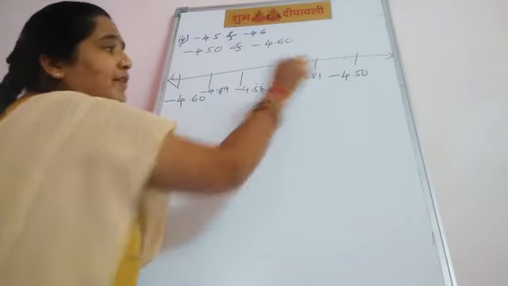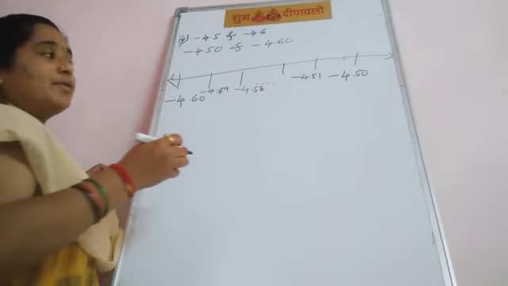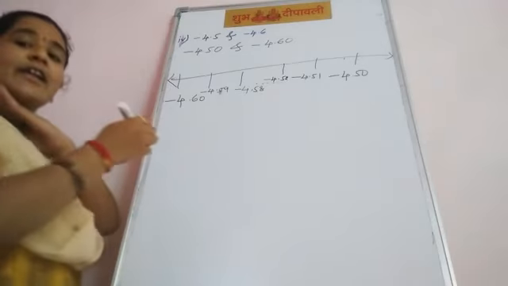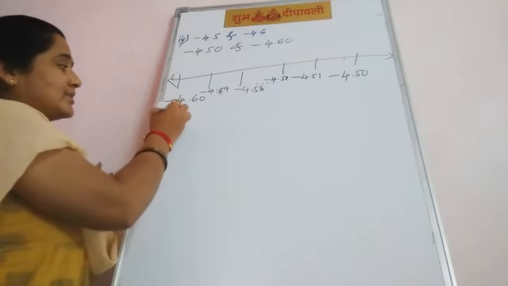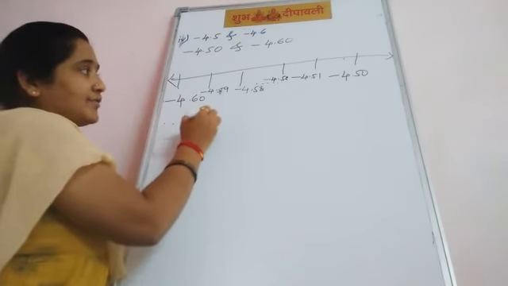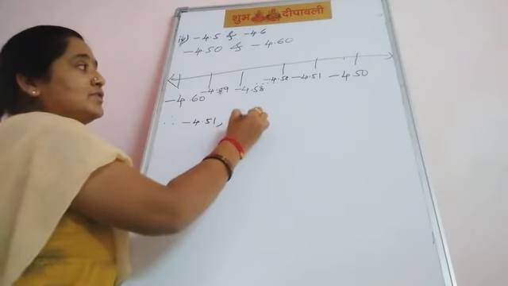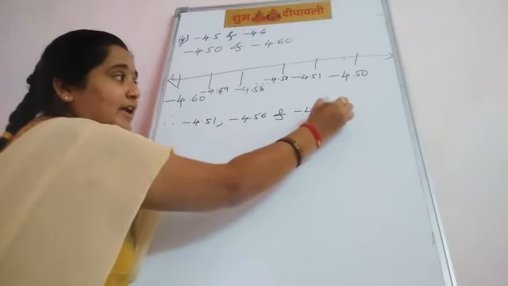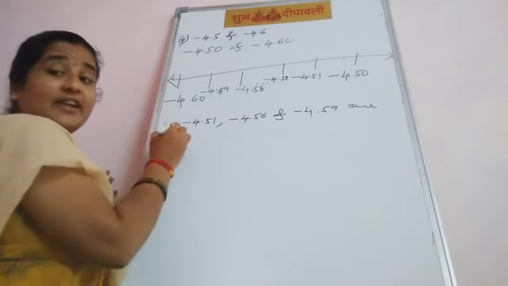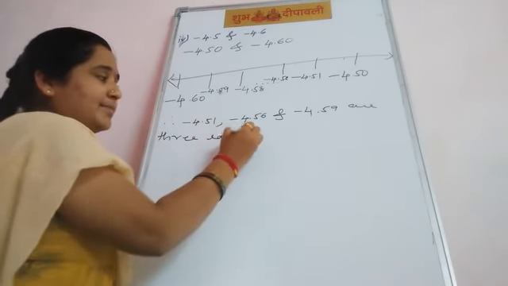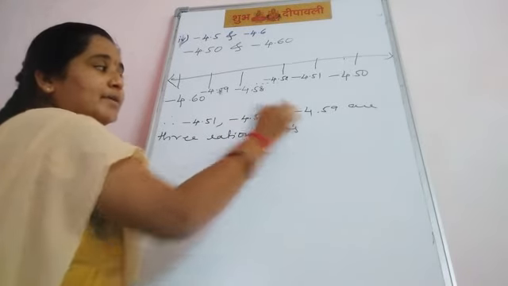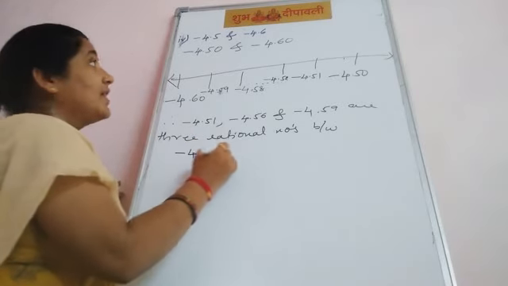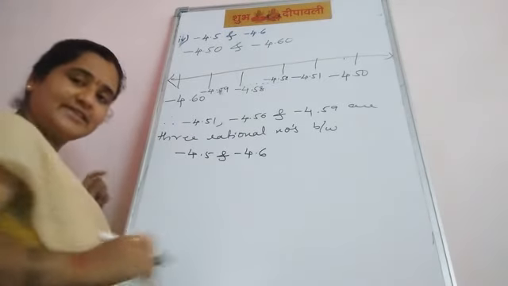Minus 4.51. After minus 4.51 what? Minus 4.52. So on. So we can write any three rational numbers. Therefore, minus 4.51, minus 4.56 and minus 4.59 are three rational numbers between minus 4.5 and minus 4.6.